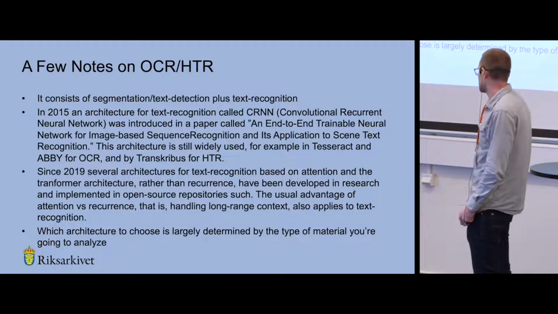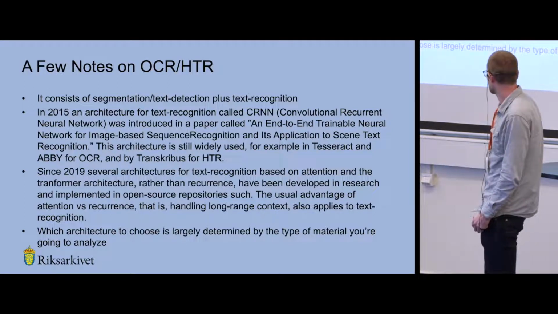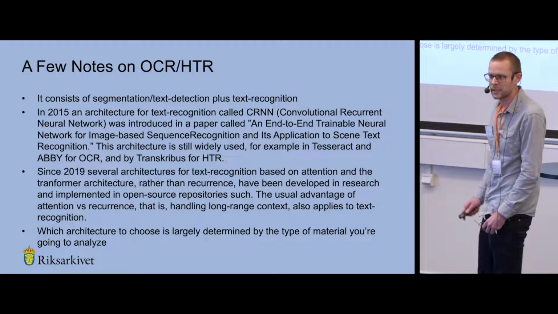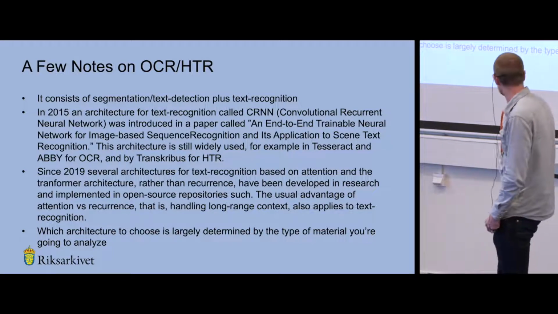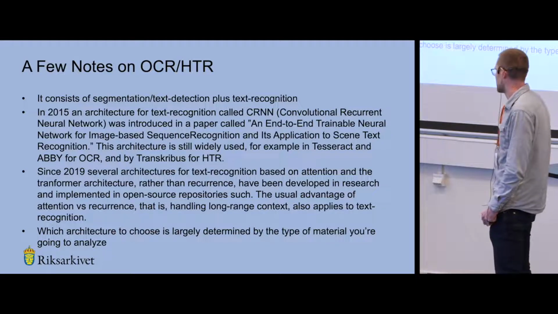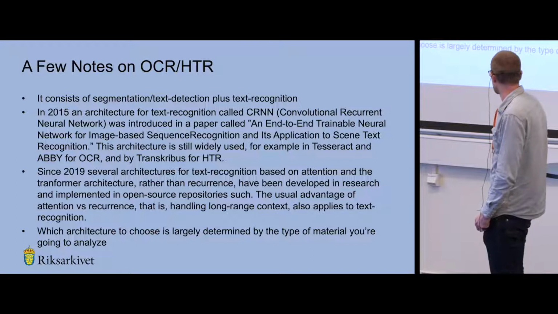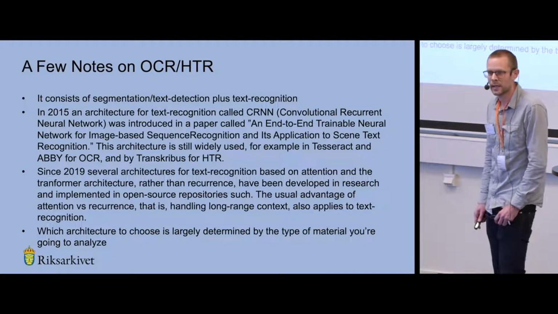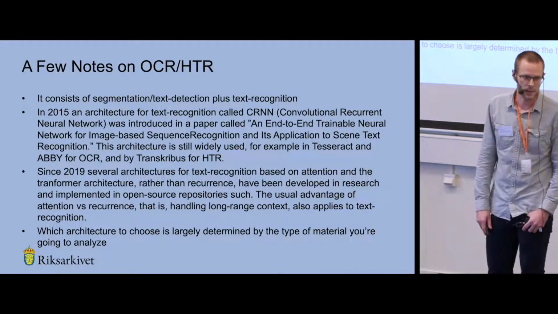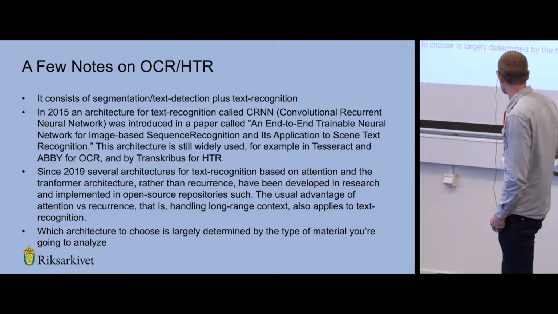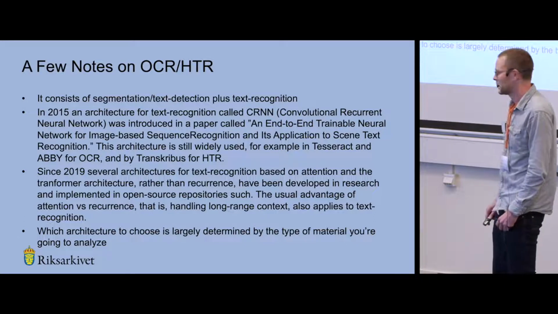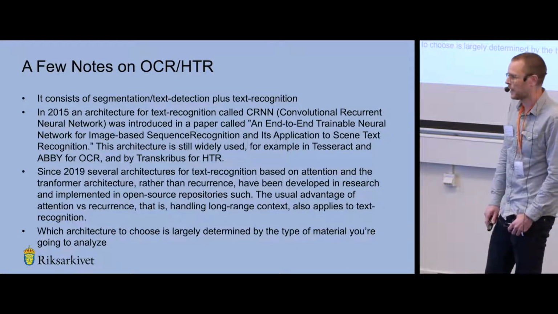The usual advantage of attention versus recurrence, which is handling long-range context because it analyzes the whole sequence at once rather than recurrently, also applies to text recognition. Which architecture to choose is largely determined by the type of material you're going to analyze. If, for instance, you're analyzing running text, then CRNN might be good enough.